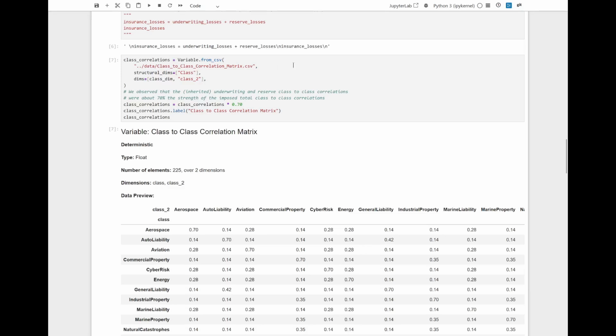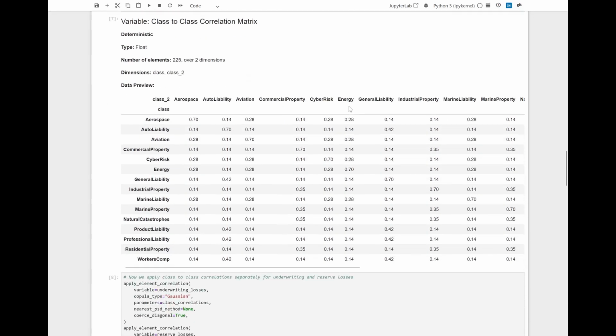So just to keep things consistent between the two examples, I'm going to put in correlations here that are of the same kind of strength to what we were achieving in the other approach. So roughly scaling these down by about 70%. So these now become the correlation strengths we're targeting.